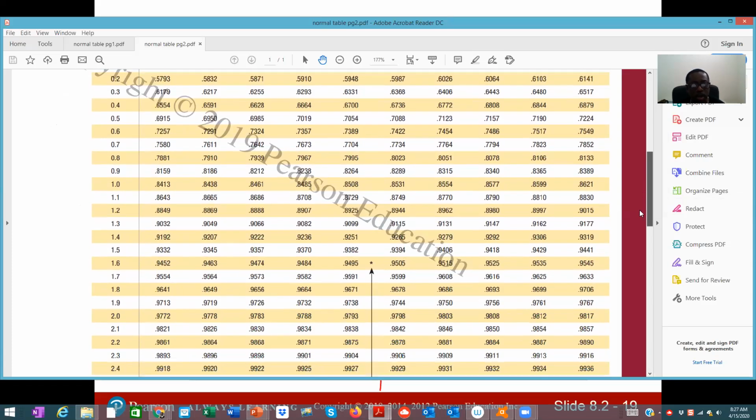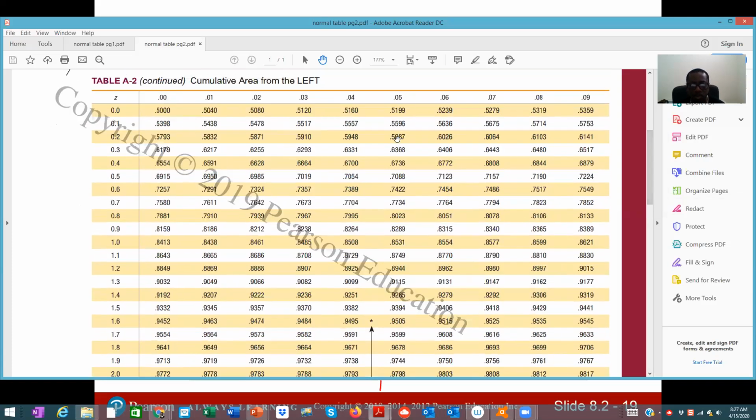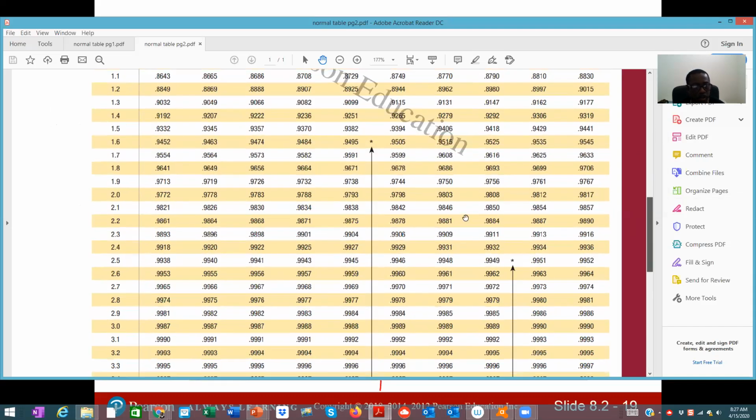So we go to 2.5 under 0.05. 0.05 is this column, and 2.5 is here. So 2.5 under 0.05 is this value here. Now, since it is going to be greater than that, it's going to be 1 minus that.